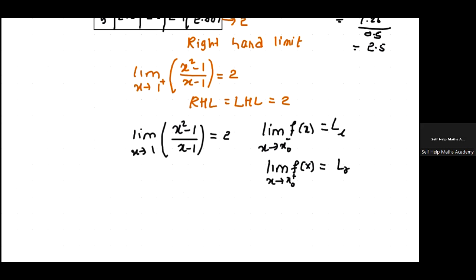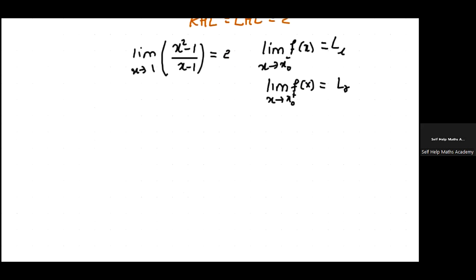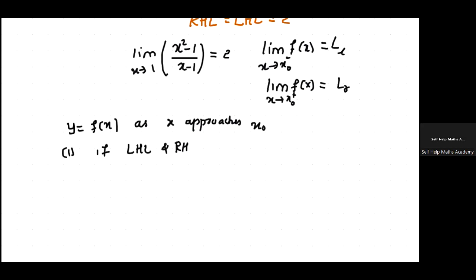Okay. So now actually we'll come to the definition. This is the background understanding of the limit. Now we will come to the actual understanding. So what does the definition say? We say that a limit of a function, say y is equal to f of x, as x approaches x naught, is said to exist when, first condition, both the LHL, the left hand limit, and the RHL, that is the right hand limit, exist.